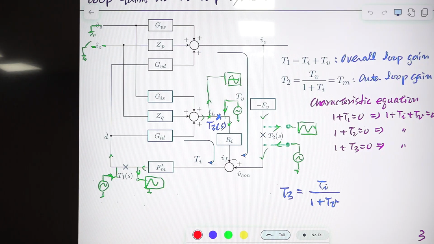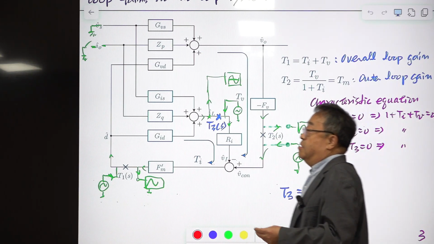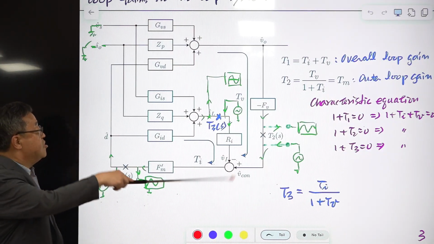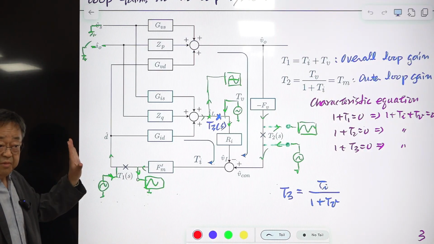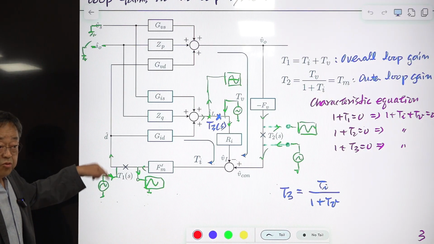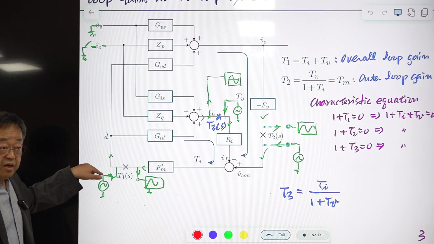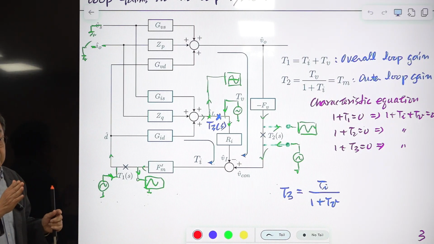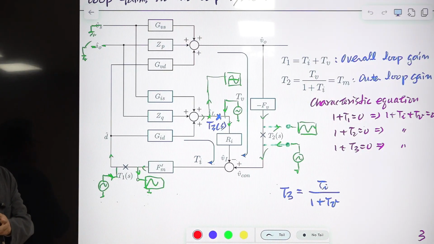That is too long to discuss here, but somehow you understand this. There are many loop gains that can be defined in this multi-loop feedback system. So loop gain has special meaning. 1 plus loop gain equals 0 always carries the information about stability of the system.